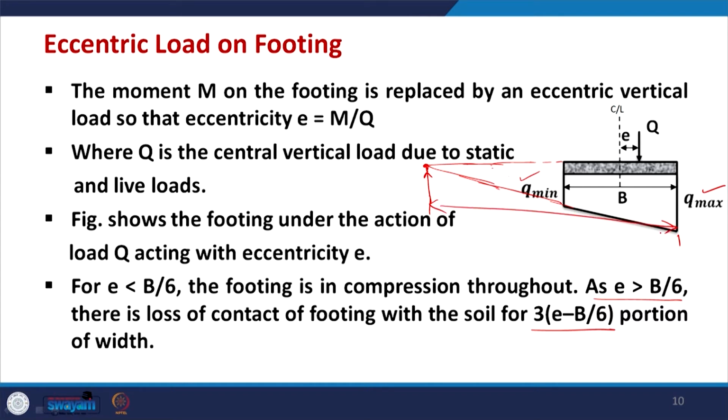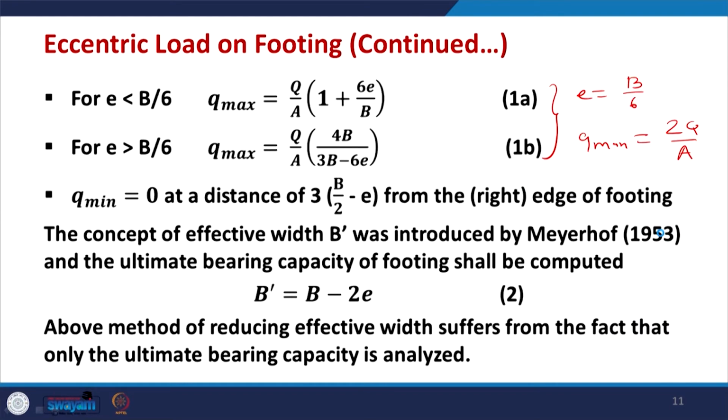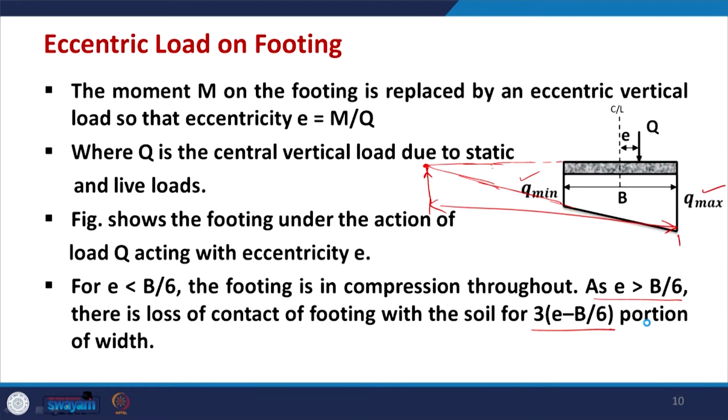This distance is 3 times B by 2 minus e. In this figure, this is B by 2 and this distance is B by 2 minus e. So 3 times B by 2 minus e from this edge will be the point where the Q minimum will be 0.